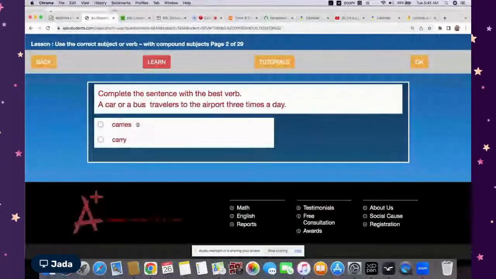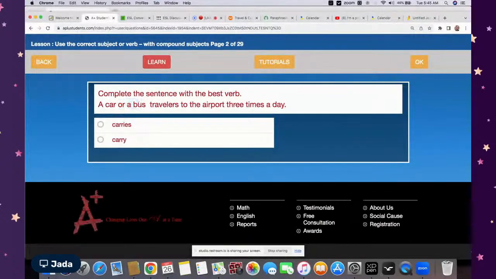Now the next one: a car or a bus takes travelers to the airport 3 times a day. So now, a car or a bus. In this situation, it has "or," and I told you all that when it has "or," it is either a singular subject or a plural. What you need to do is look at the last one here.